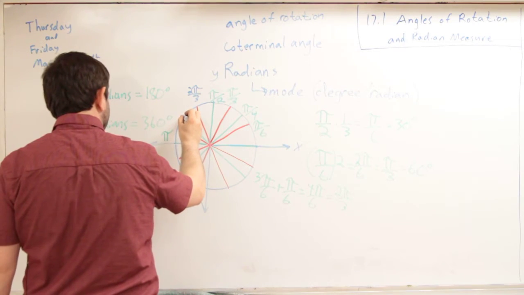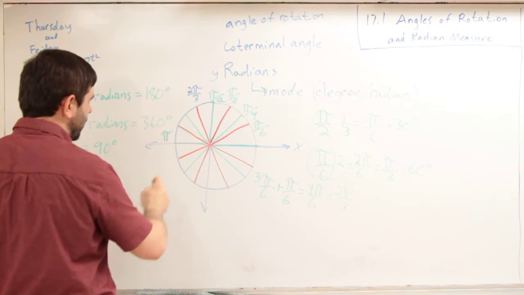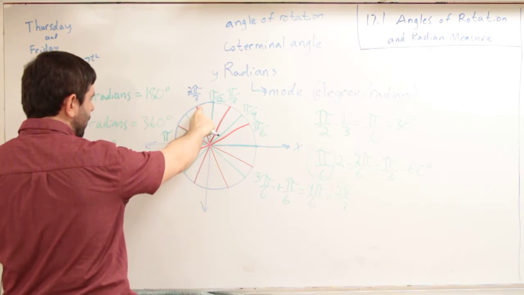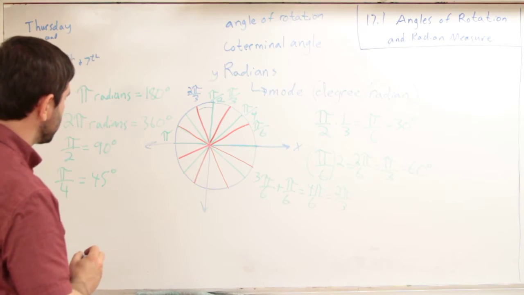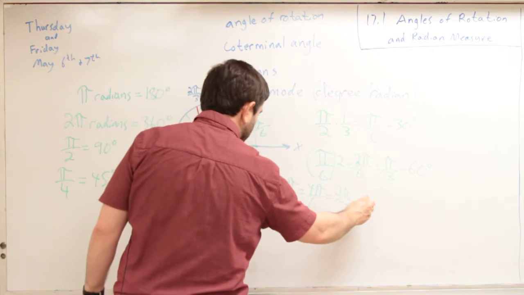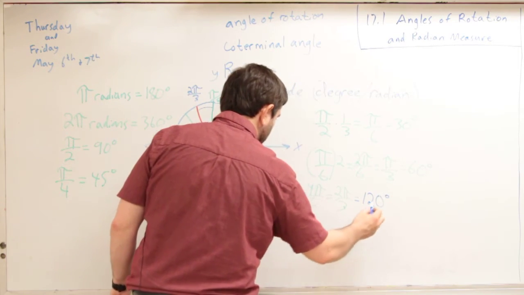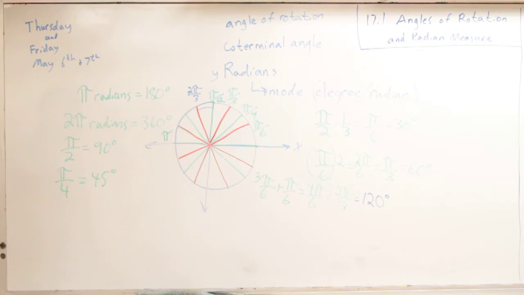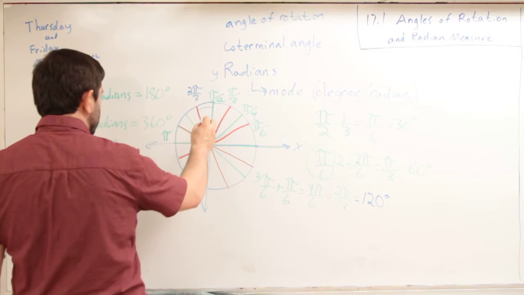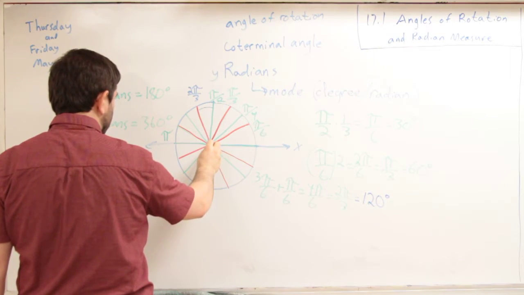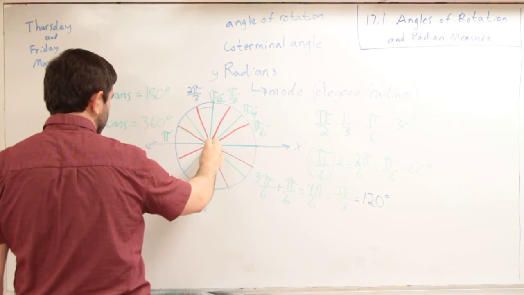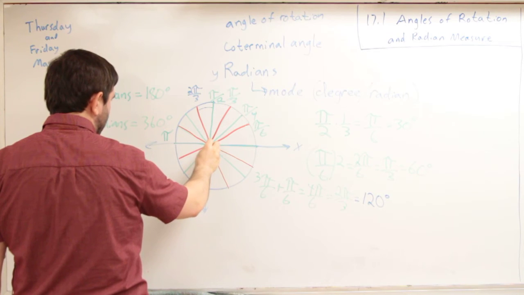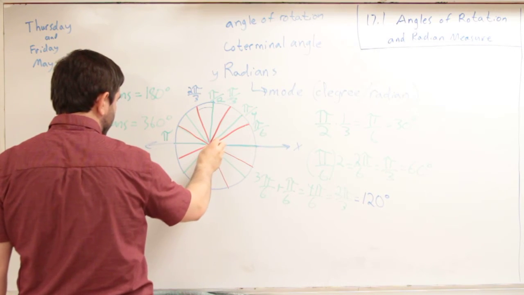This is our 45 degree angle. And we should say this is 90 degrees plus 30 degrees, so that would be 120 degrees. And we could do 90 degrees plus 45 degrees to get 135 degrees. 90 degrees is pi halves. 45 degrees is pi over 4.